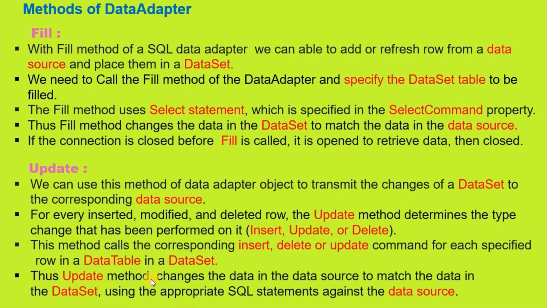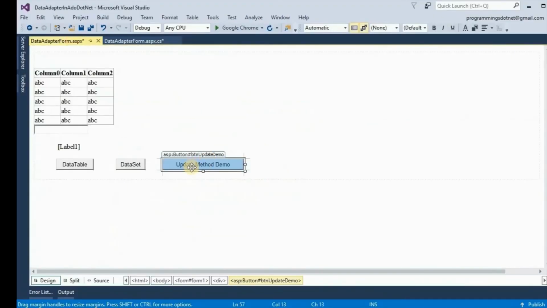Thus, update method changes the data in the data source to match the data in the data set using the appropriate SQL statements against the data source. Now here we have new button update method demo.